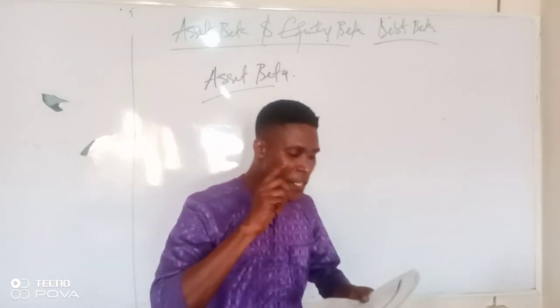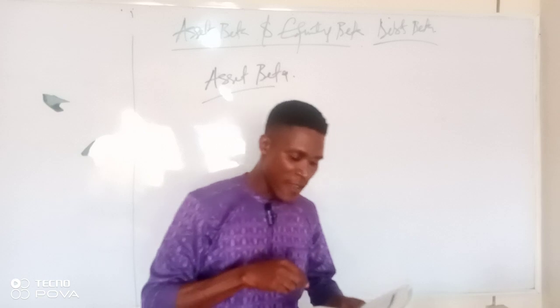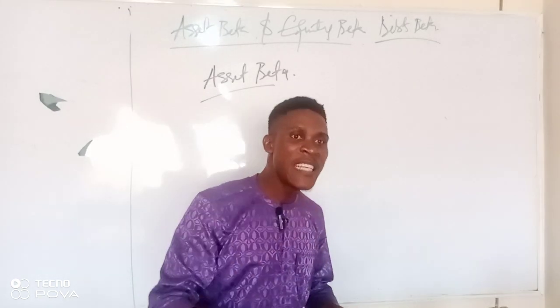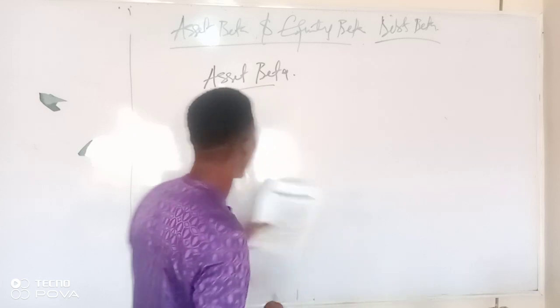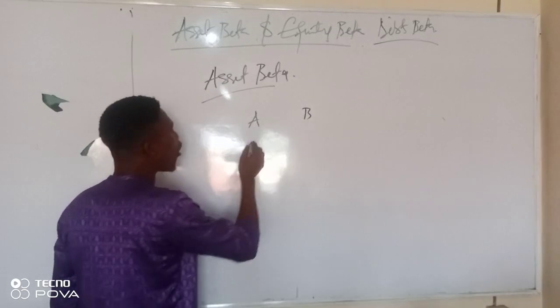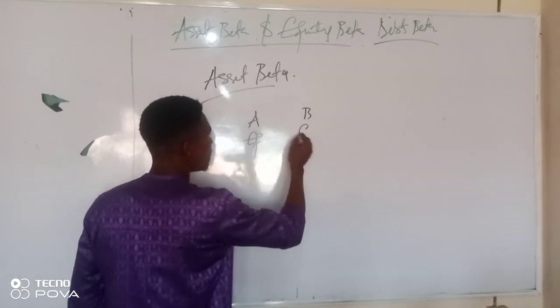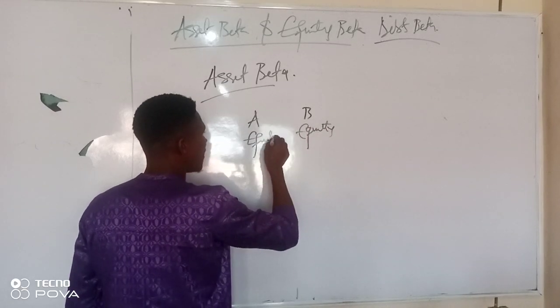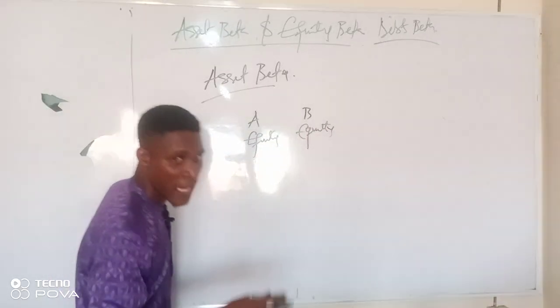Now, this beta factor is higher for an ungeared company with a higher business risk. If company A and company B both have all equity, that is, both of them don't have debts, that means they are all equity financed.